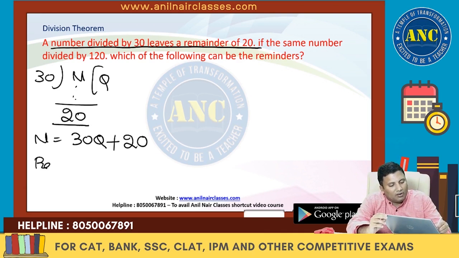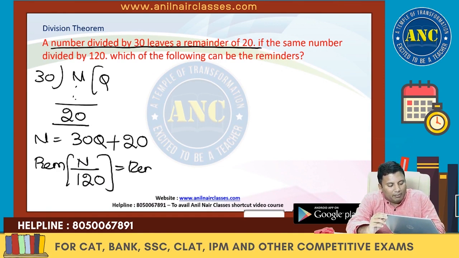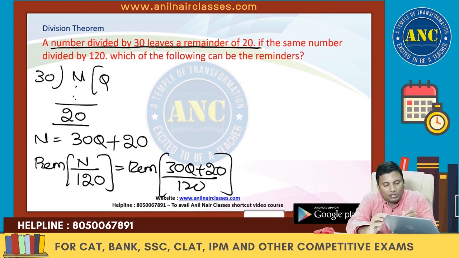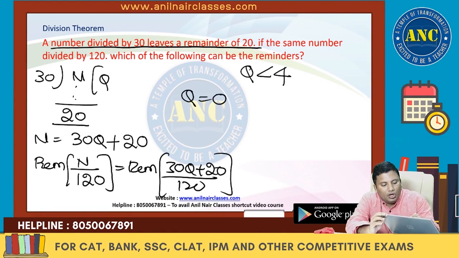What are all the remainders when N is divided by 120? 30 into Q plus 20 divided by 120. What is the multiple of 30 that goes up to 120? 4 times. Q should be less than 4: Q0, Q1, Q2 and Q3.